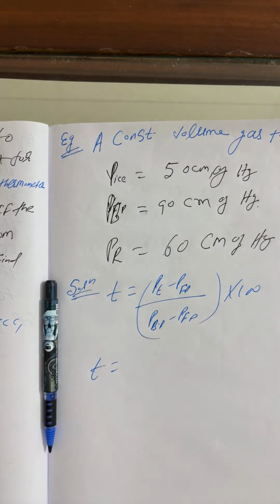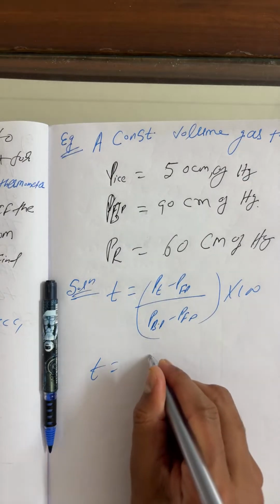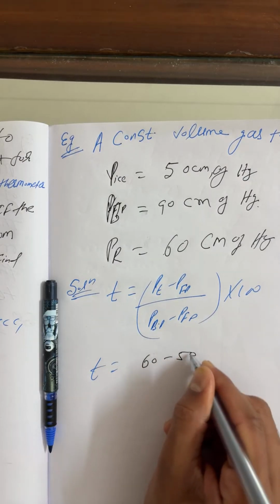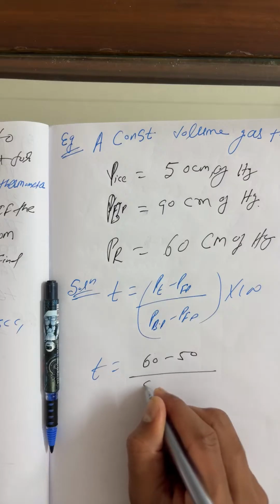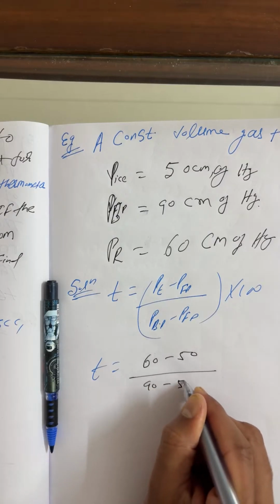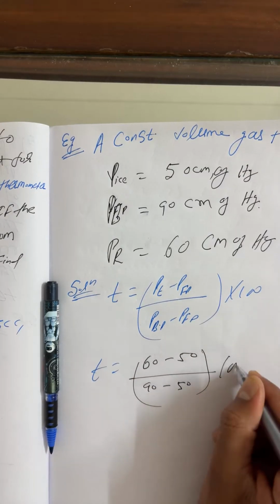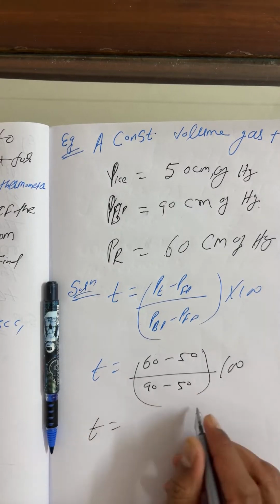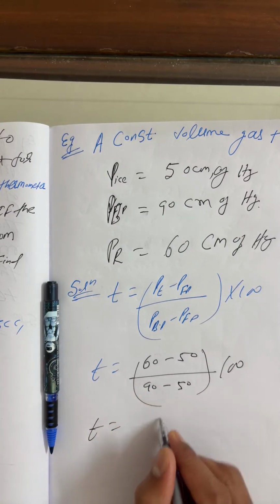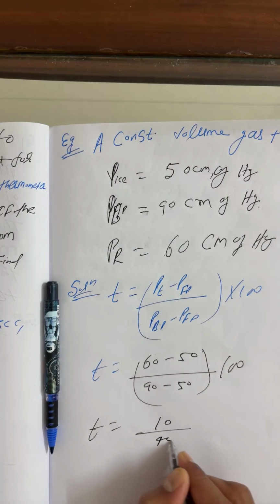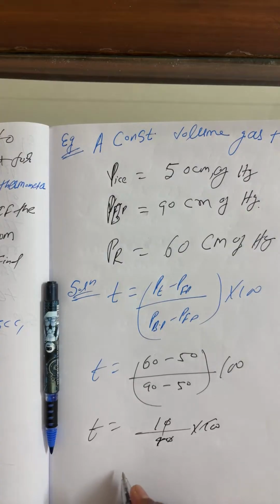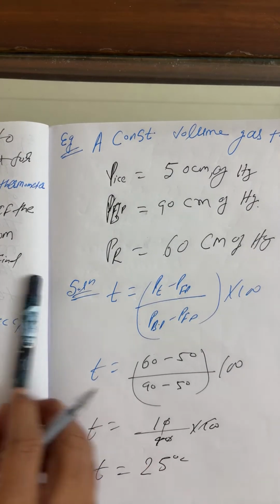So 60 minus 50 upon 90 minus 50, into 100. That is 10 upon 40 into 100. Finished: you will get 25 degrees Celsius.